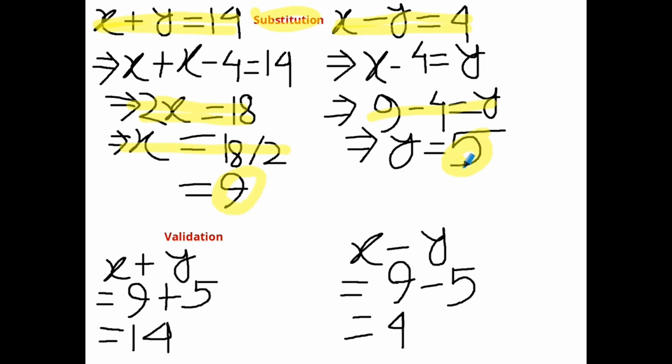How will we validate? We are going to replace these two values in the original equation's left hand side and see if it matches with the right hand side. So in equation number 1, left hand side x plus y, we have put 9 plus 5 equal to 14, which matches the right hand side of the equation, that is 14.